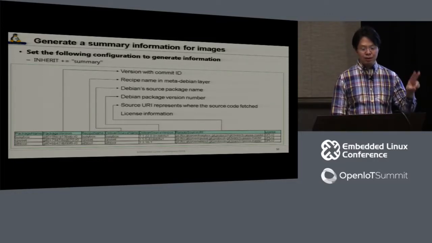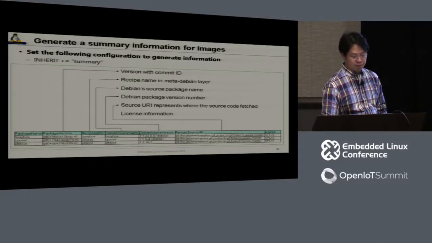And the second one is we need to know which packages were used for this specific root file system. And of course, we also need to know what kind of open source license has been applied to the packages. This kind of information could be useful.